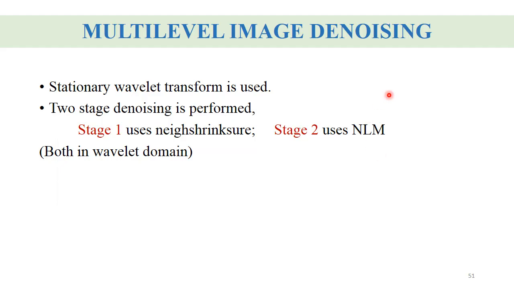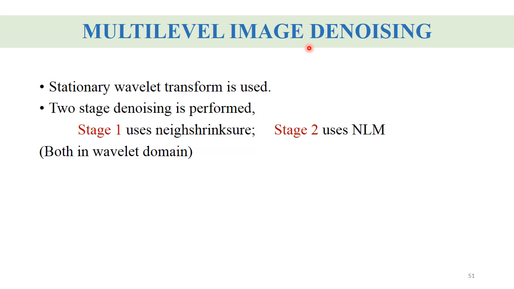Now coming to one more methodology, that is multi-level image denoising. What we discussed previously was one single method, something like the spatial domain. One particular method we used and implemented. Then a transform domain method, wavelet, one concept we discussed individually.